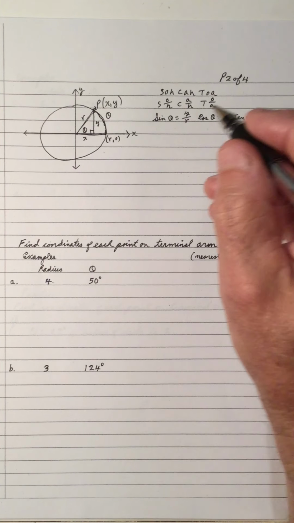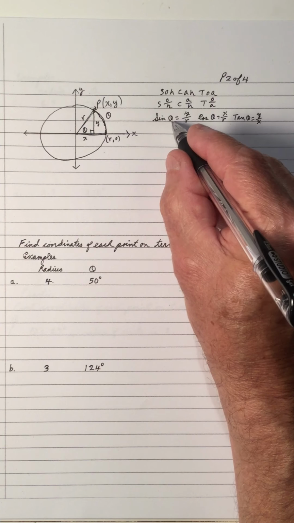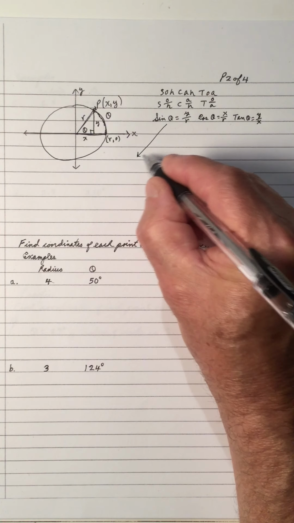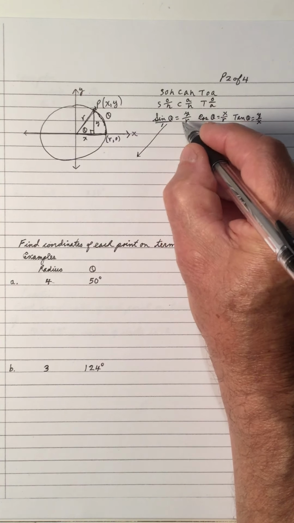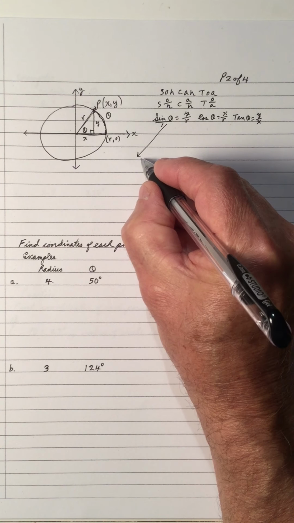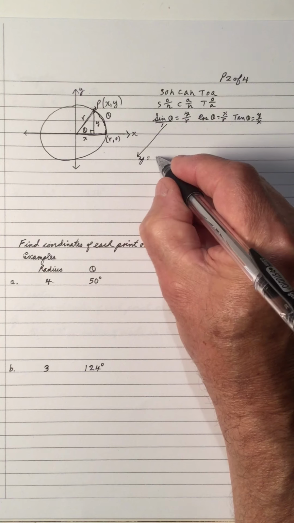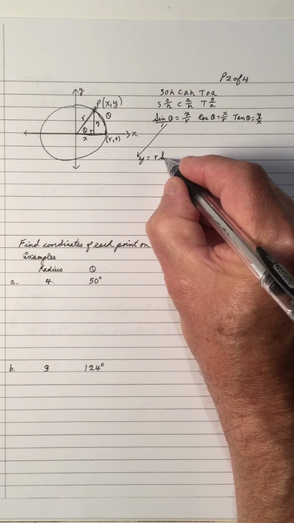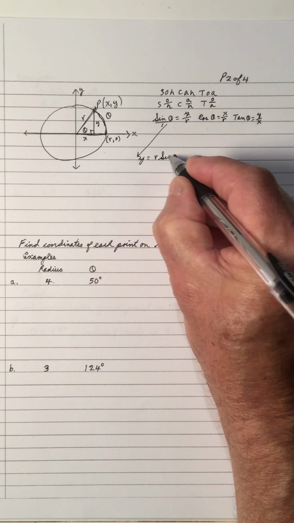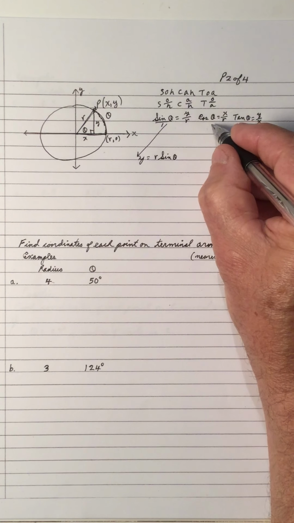And as a result of what we're going to do, if you take this equation right here and you put the sine over 1 and cross multiply, you'll get 1 times y is y and r times sine. Because we have a proportion that's over 1, we're able to cross multiply.